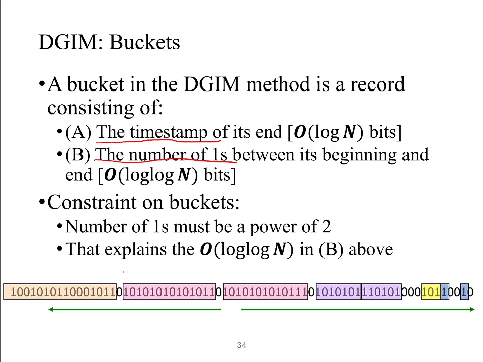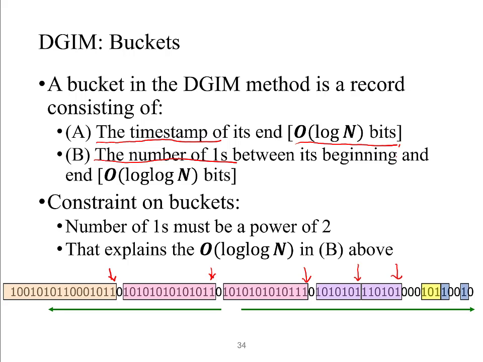For each block, we need to maintain the time step of its end, for example, the time step of this and this, and so on and so forth. And for these time steps, we only need O(log n) bits. We also need to record the number of ones between its beginning and end.